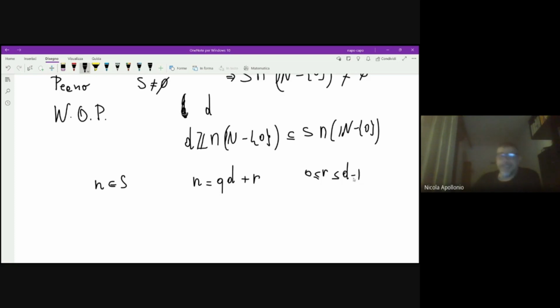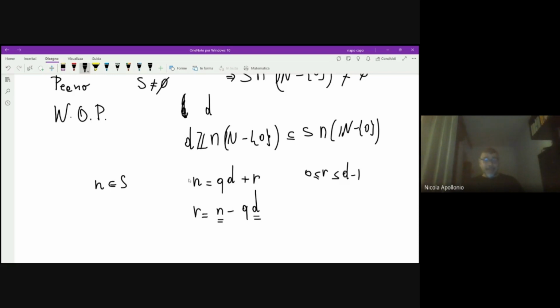is smaller than D. But now we are done because R is n minus q times D. So R, what is R? It is a linear combination. Why is it a linear combination?